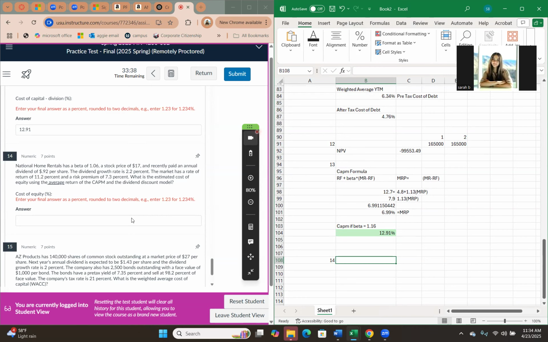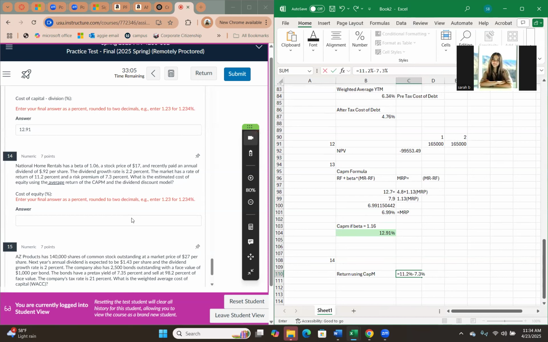So we need to find the CAPM first. We're going to find a return using CAPM. The risk-free rate is going to be 11.2% minus 7.3%.